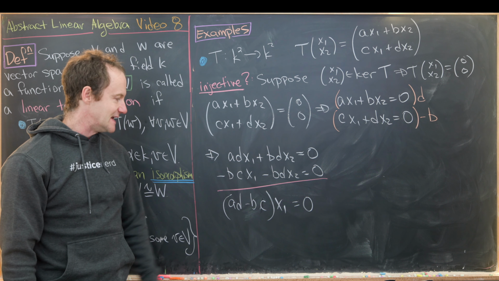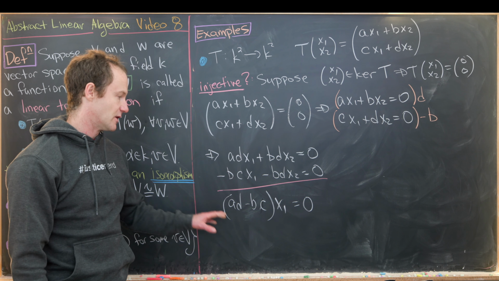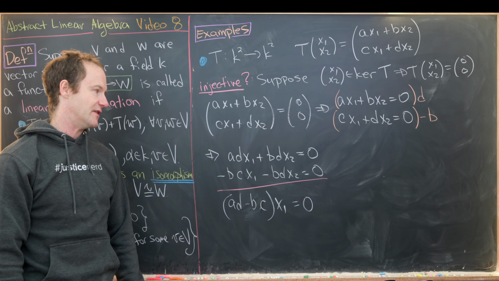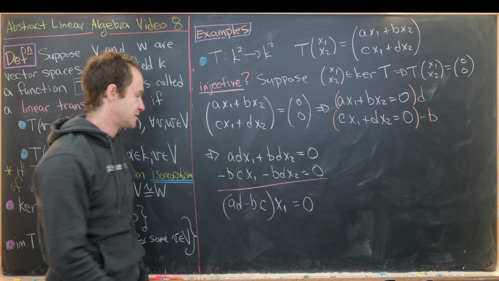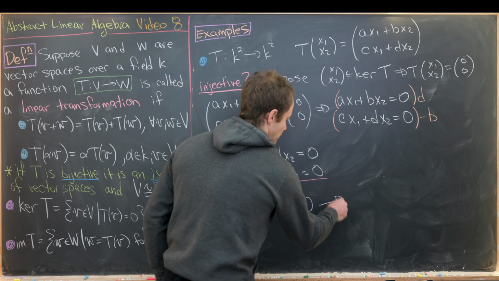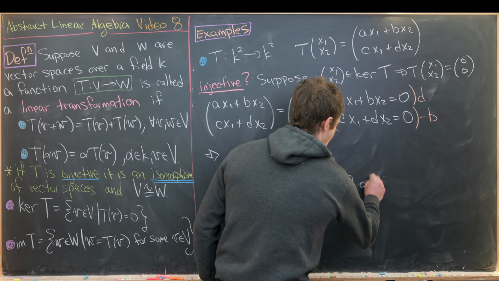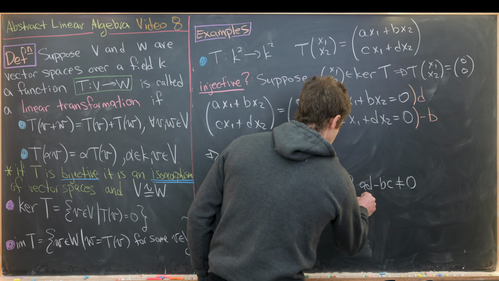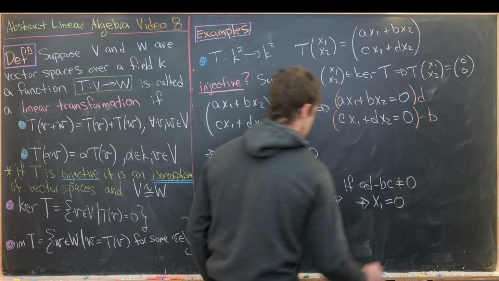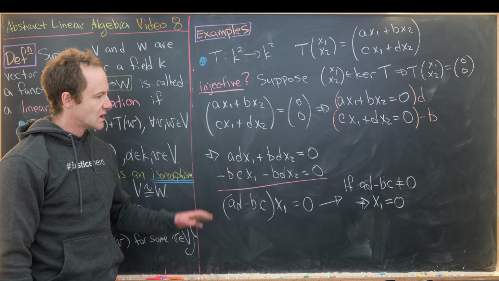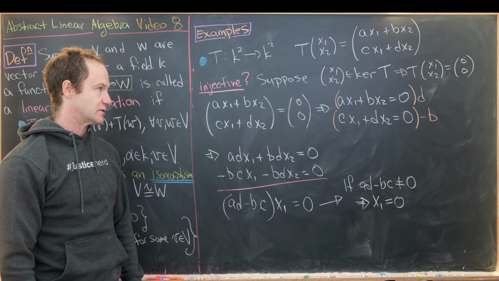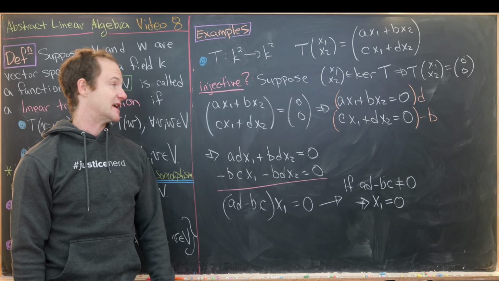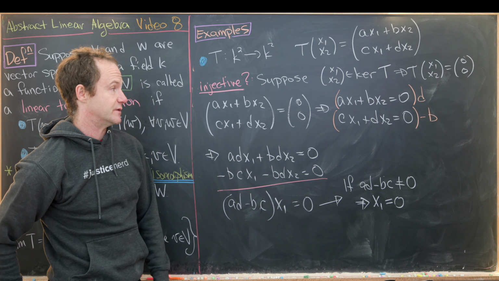Now, as long as ad - bc is not 0, then we can divide by it, or, depending on the field, multiply by the multiplicative inverse. So let's write that out carefully. If ad - bc is not equal to 0, then this implies that x1 is equal to 0. Furthermore, plugging that back into the earlier equations, we see that x2 is also equal to 0.